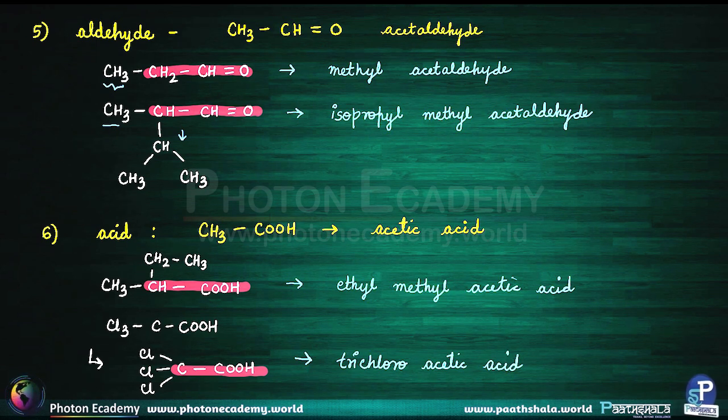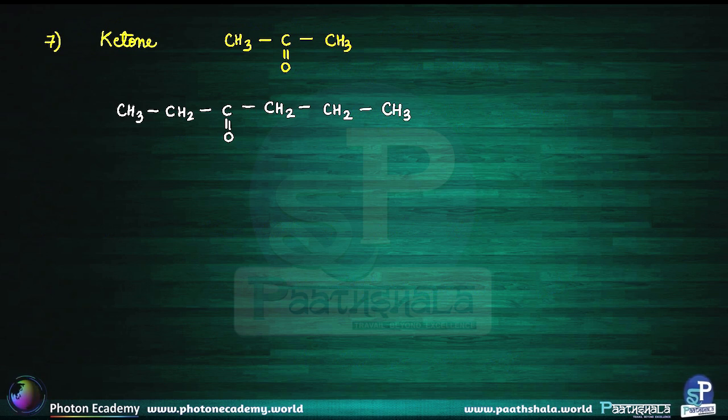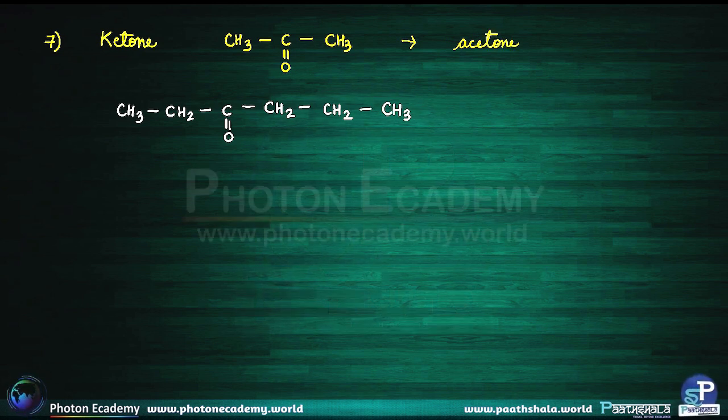Okay, now for the next one, here we have lastly a ketone, and the ketone that we are using as a homolog over here is acetone. So here we can see that acetone is present over here, and this is connected to CH3 on one side and CH2, CH3 on the other.